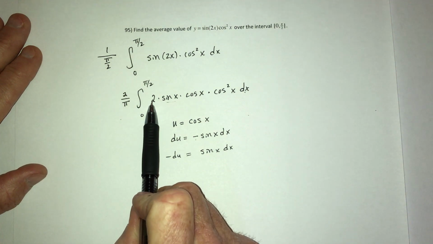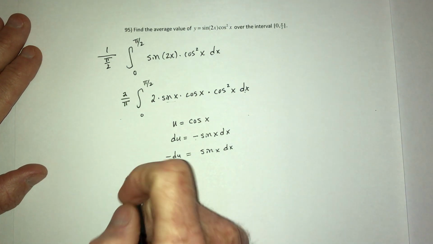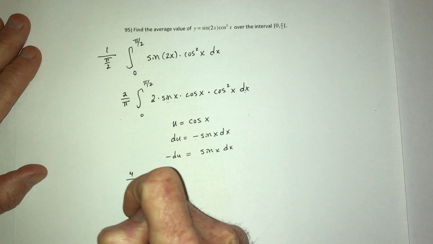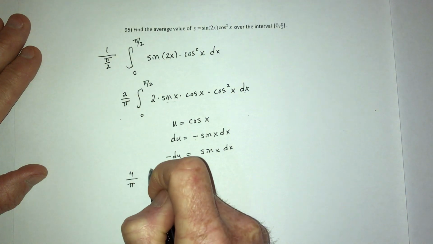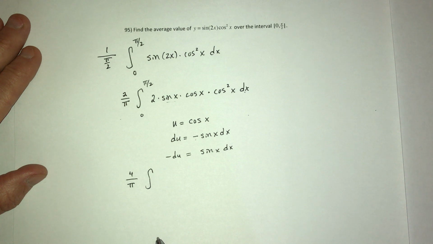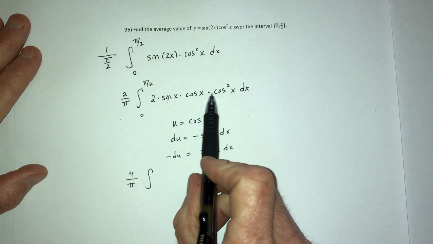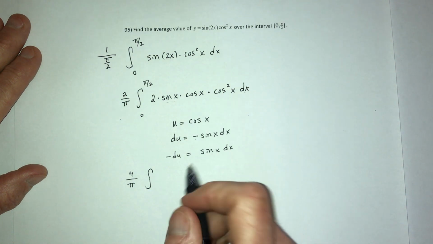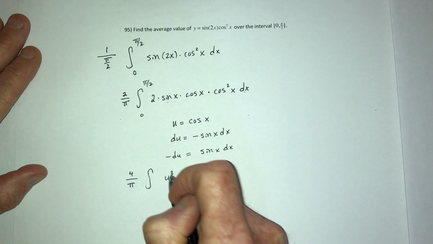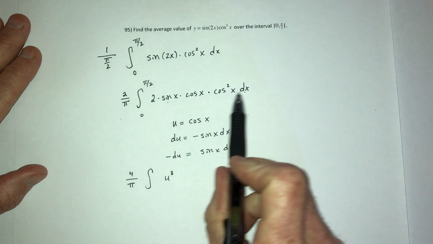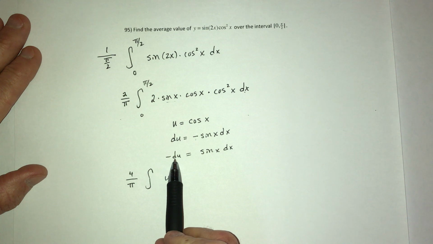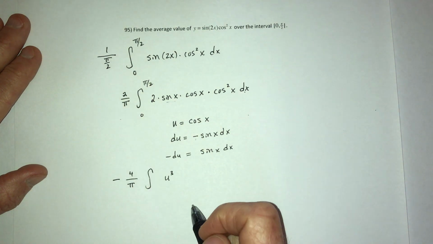So I'm going to just take this 2 and factor it out. So that's going to leave 4 over pi. And then we would have the integral of, and this, which is cosine cubed, becomes u cubed. And this sine x dx gets replaced with du and a negative sign.